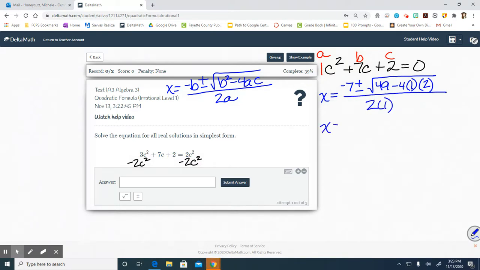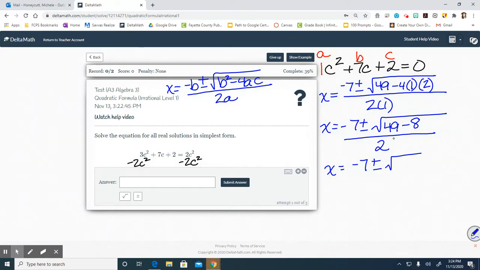Now we're going to simplify. Negative 7 plus or minus the square root, 49, 4 times 1 times 2 is 8, minus 8, all over 2. So we get x equals negative 7 plus or minus the square root of, let's see, 49 minus 8 is 41 over 2. And you can't simplify the square root of 41, so I have two answers here.